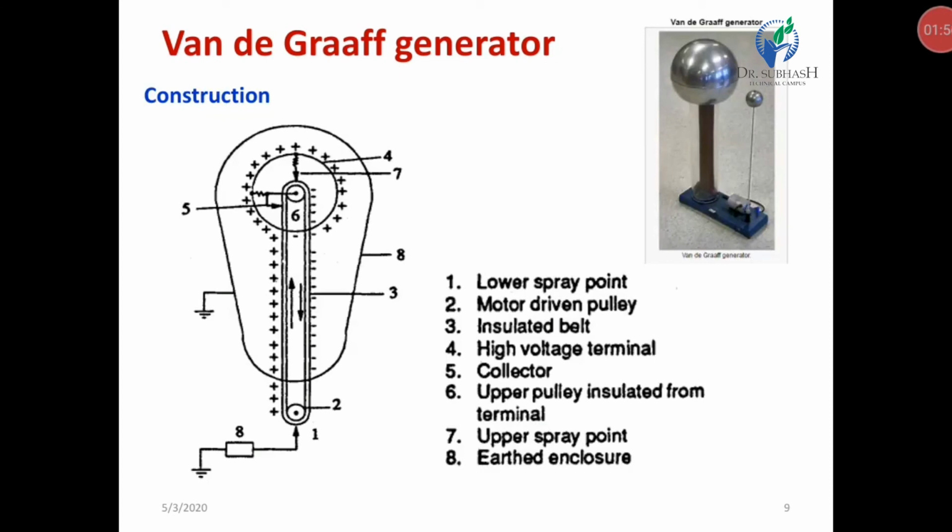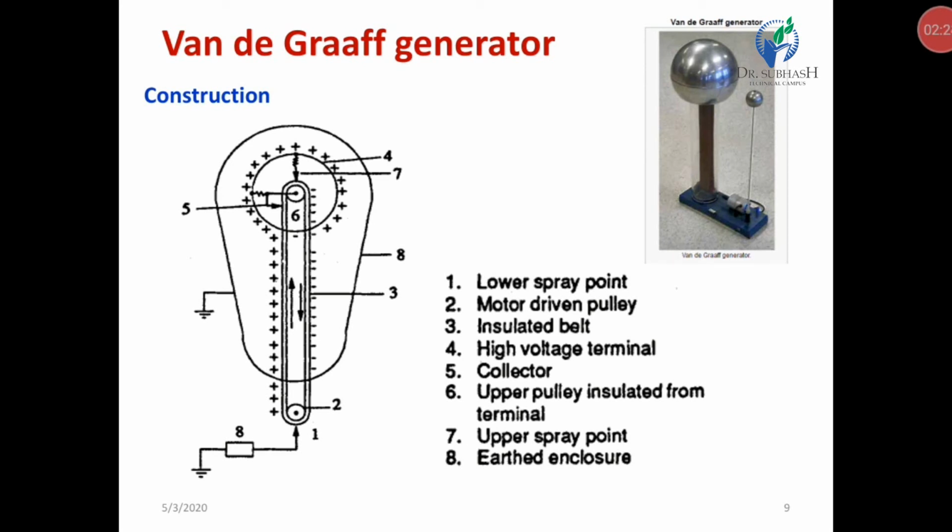Now construction. Here we can see the figure of Van de Graaff generator. Starts from bottom. Number 1 stands for lower spray points. Number 2 is motor driven pulley. Number 3 is insulated belt.